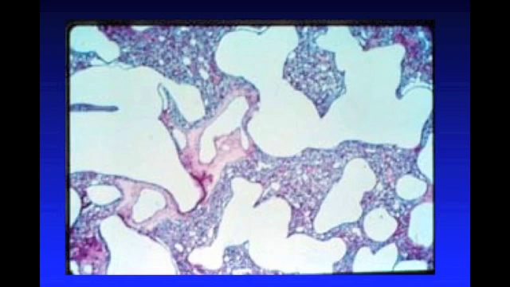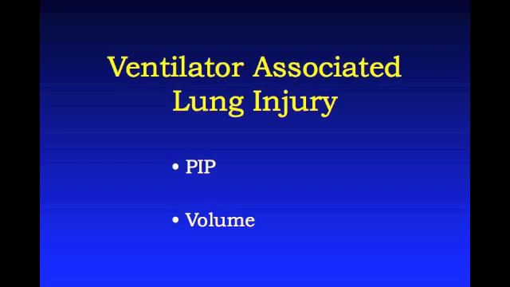babies without hurting them. We certainly know that ventilator-associated lung injury occurs both from peak pressure and volume. And why do I say peak pressure? Well, because when we use a pressure-limited ventilator, that's what you use. You use a peak pressure, which actually delivers a volume.